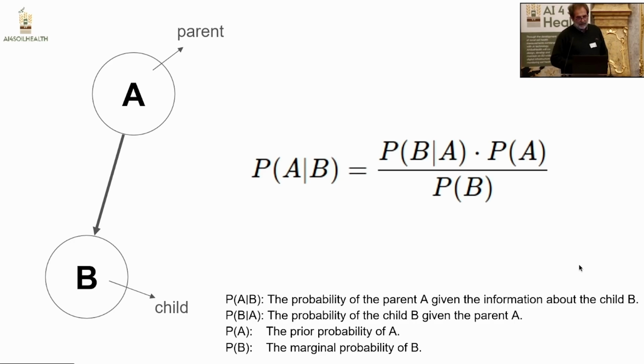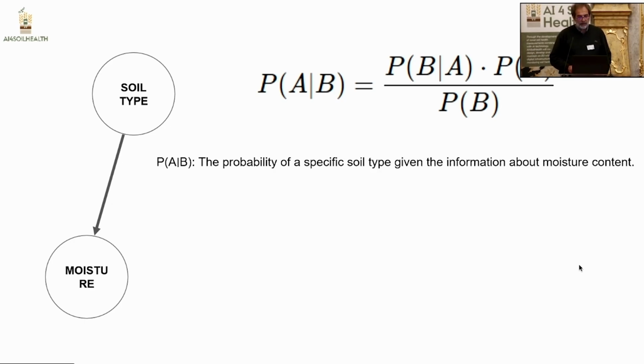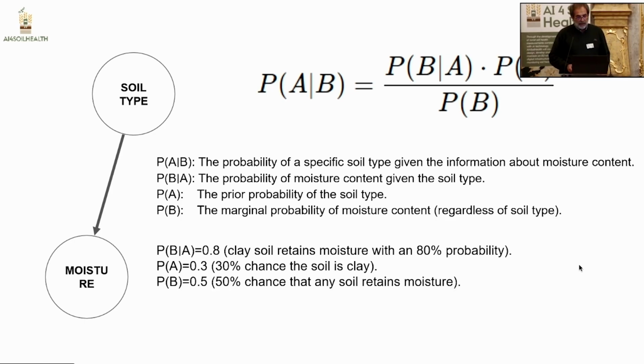There are different probabilities. For instance, with soil variables, we can ask ourselves what's the probability connection between soil type and soil moisture. For instance, we know the probability of a specific soil type given the information about moisture content. For instance, clay soil retains moisture with 80% probability, and the chance that soil is clay is 30%.